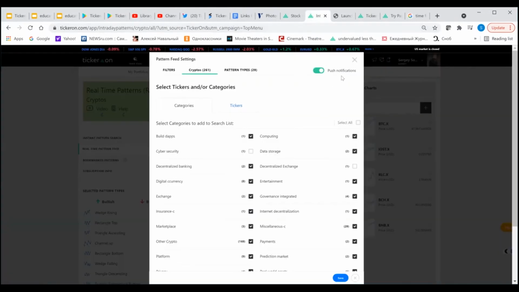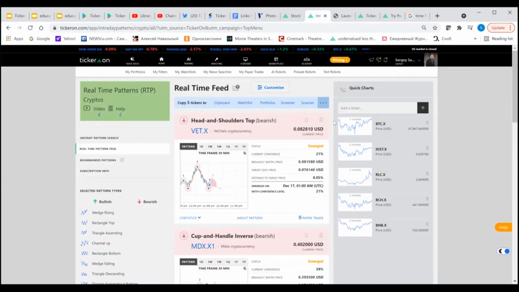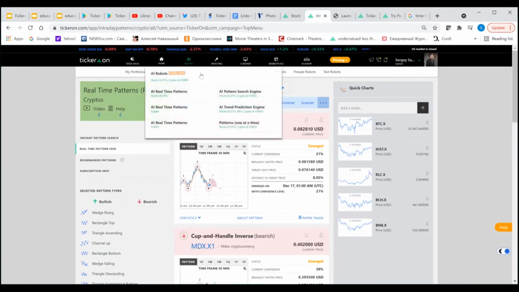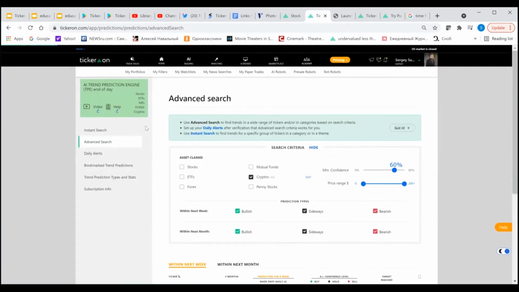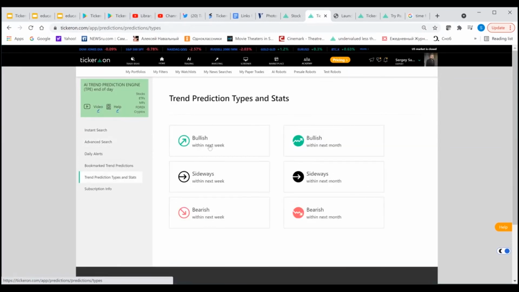Okay, so what I was saying is, don't forget to click here on the push notifications. So that's pretty much it, except there is one more tool called the Trend Prediction Engine, which is looking not for end-of-day patterns but for trends. If we look at the types of trends, there's bullish for the next week, bullish for the next month, sideways, and bearish for the week and month.